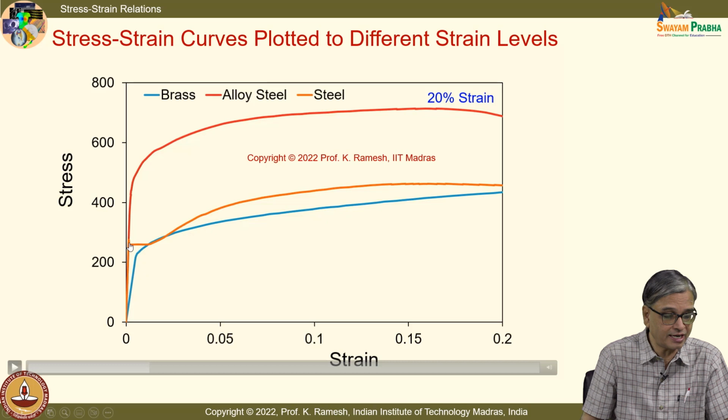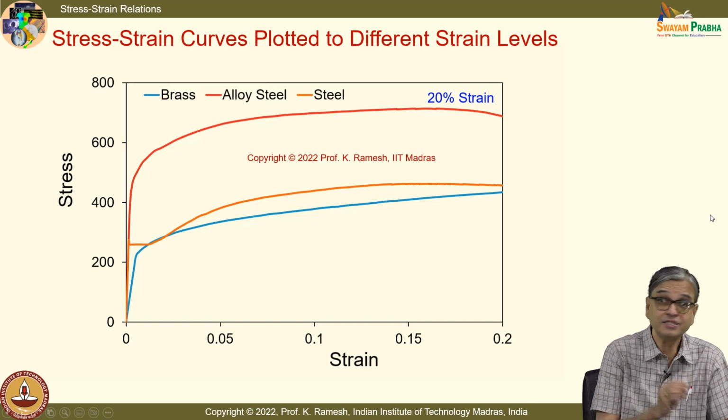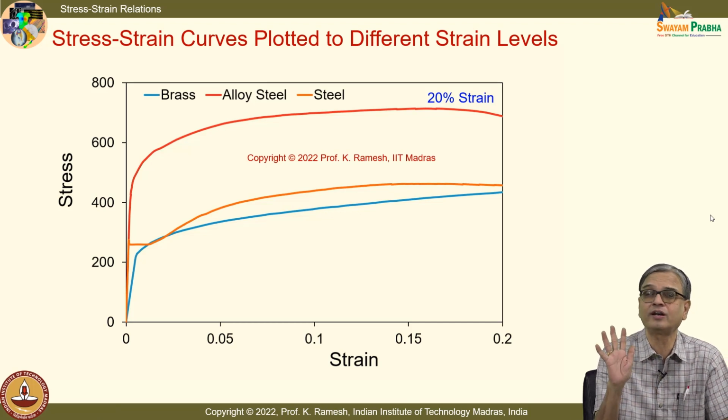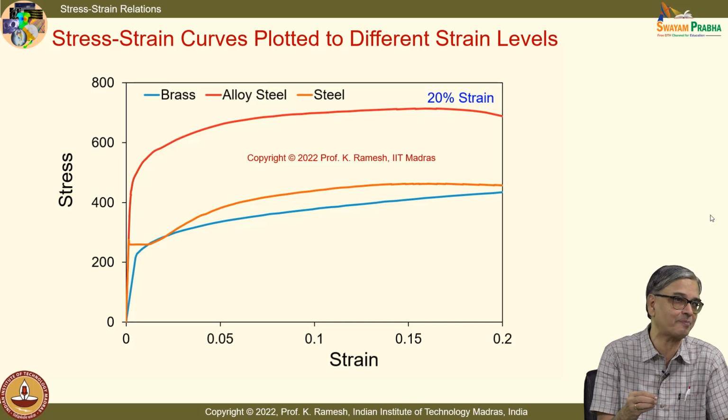See, we have also looked at, in this graph it is a little more clear that I have this mild steel and I have this alloy steel. Both of them share the initial slope as identical. It is a very, very important information. See, the desire of a material scientist is to develop a material which has all the good qualities. You will never have, in any of the physical systems, all aspects good; some aspects are good, some aspects are bad.